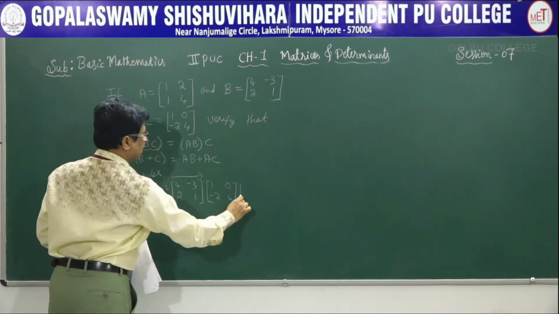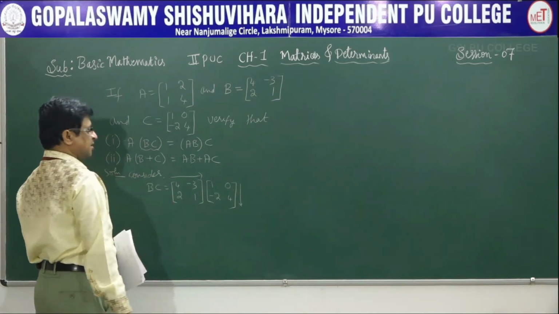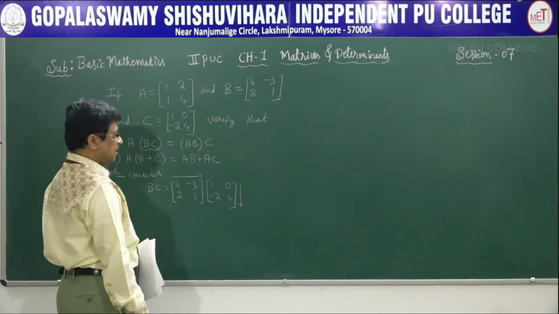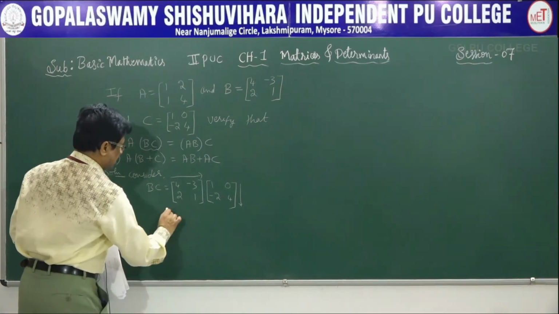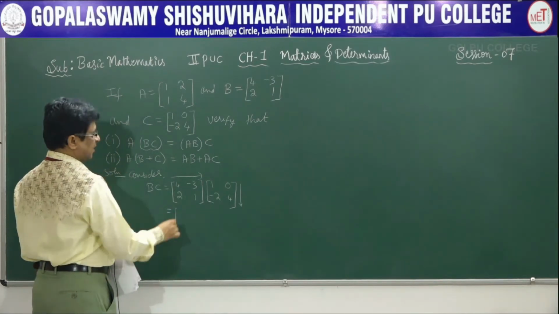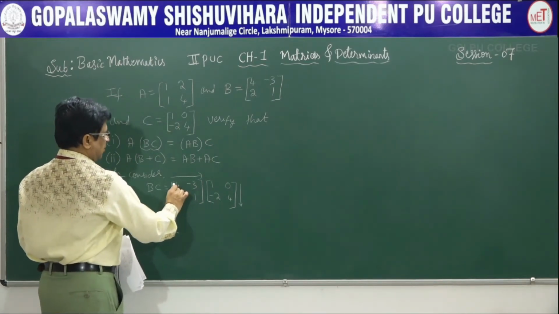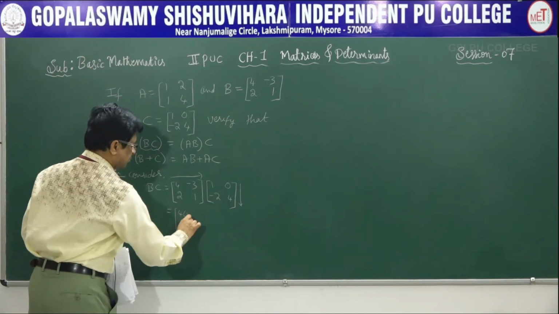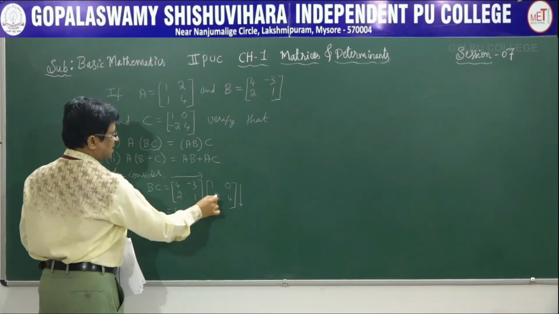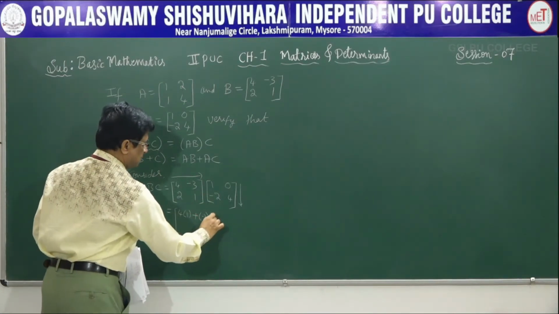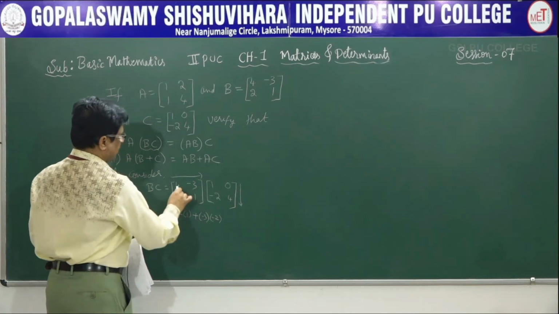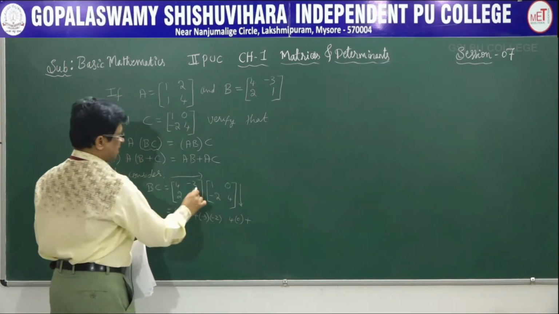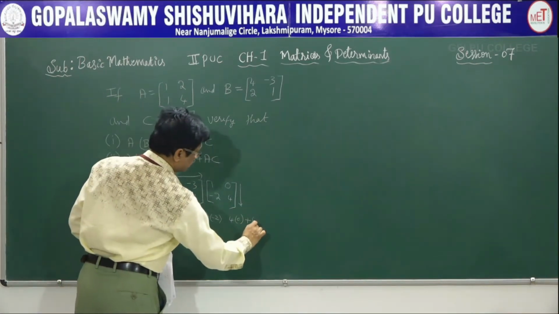Since B and C are square matrices of same order 2 into 2, the product BC matrix will be of the order 2 into 2. So that will be equal to first row into first column. 4 into 1 plus minus 3 into minus 2. 4 into 0 plus minus 3 into 4.